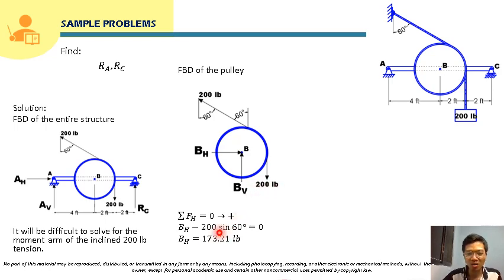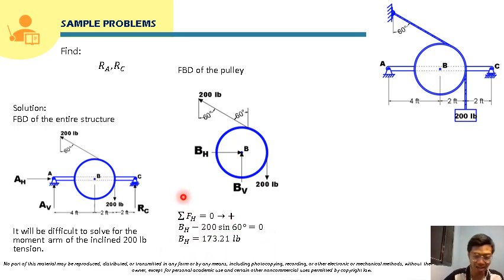From here, summation of forces horizontal is equal to 0. Forces directed to the right will be positive, so BH will be positive. The horizontal component of the 200-pound force is 200 sine 60 degrees, which will be negative since it is directed to the left, and the sum is equal to 0.